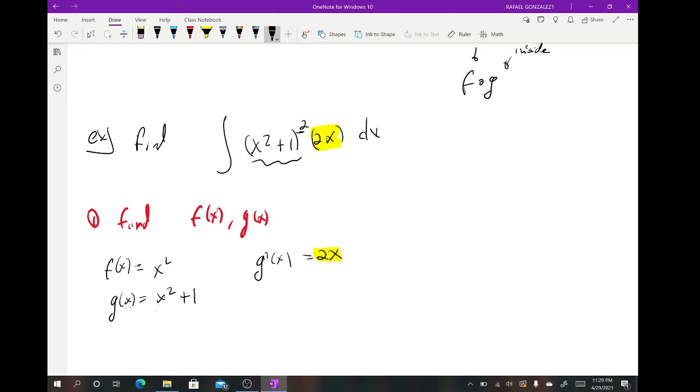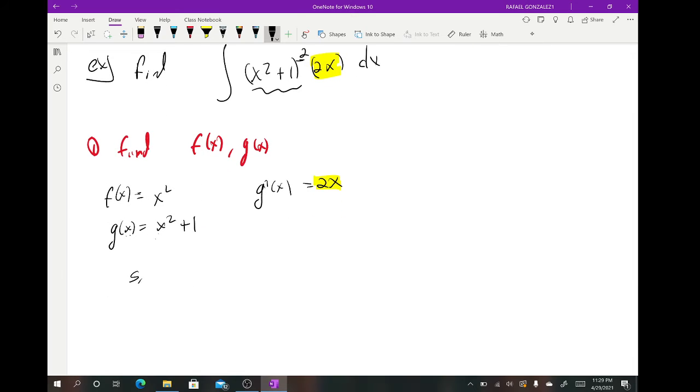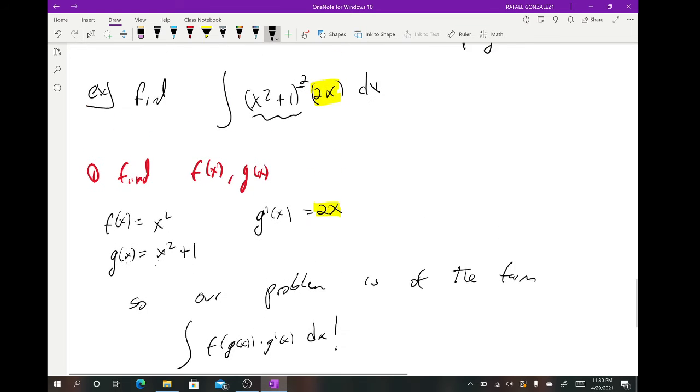So our problem is of the form integral of f of g of x times g prime of x dx, which means that we can apply the theorem.